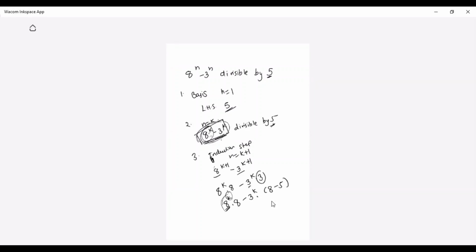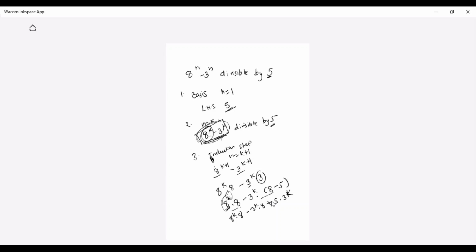So that I could get 8 as common between these two terms, and I'll be getting 8 raised to K minus 3 raised to K directly. So it would be 8 raised to K into 8 minus 3 raised to K into 8, plus 5 into 3 raised to K. I hope everyone is getting this. Yes, students?